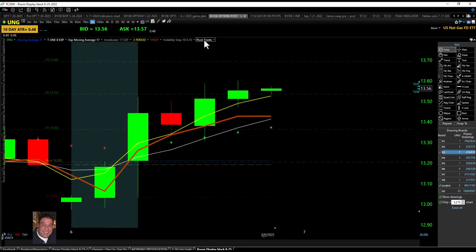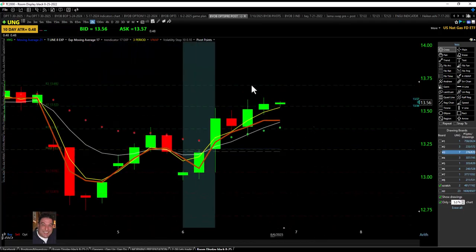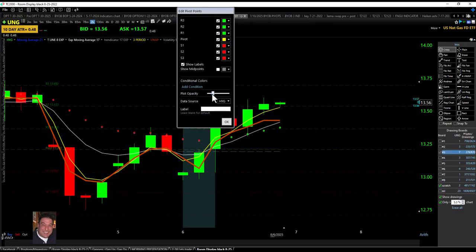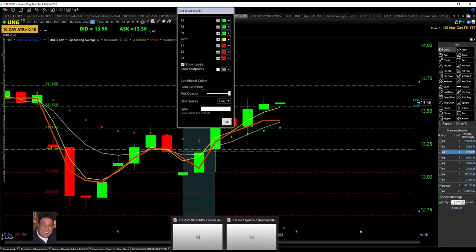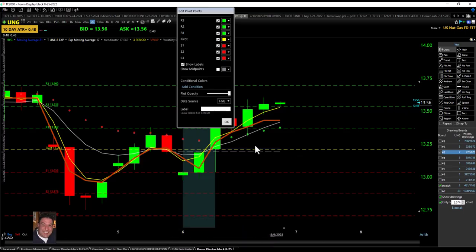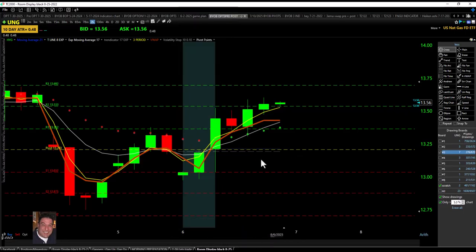There's one here that comes with T2123. This is the pivots. I'll crank that one up so you can see what it looks like. It's kind of just like your Woody's pivots, probably matching up very close to them.